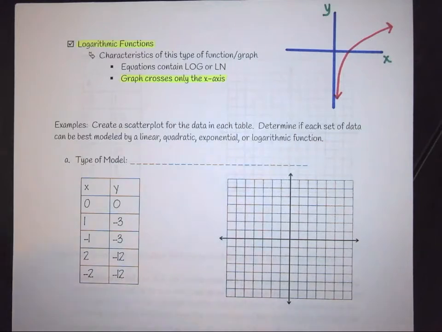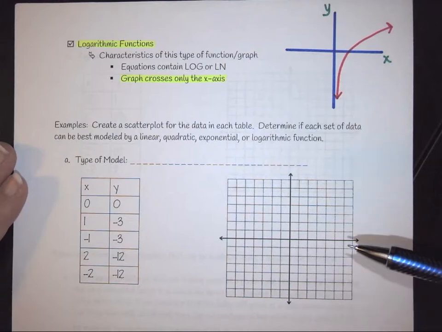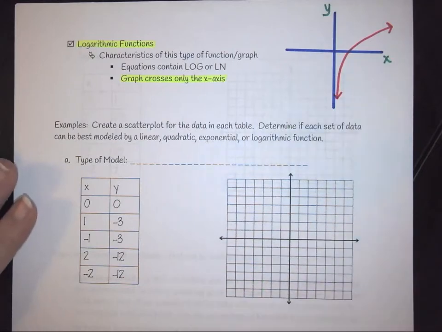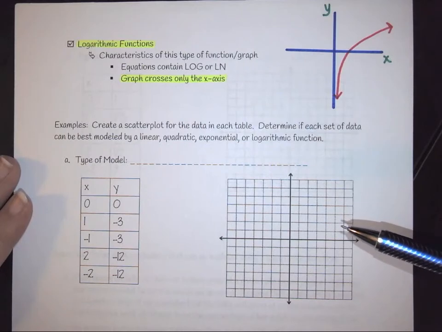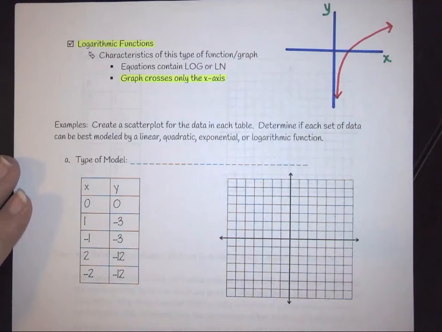Okay. So one example that you may see or that you would have to work with is the following, where you need to create a scatter plot for the data in each table. And then you need to be able to determine, based on that, if you have linear, quadratic, exponential, or logarithmic.